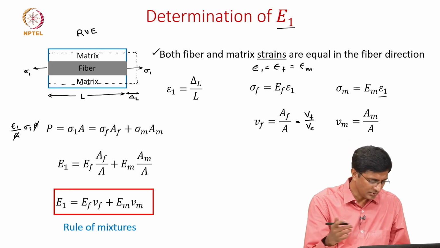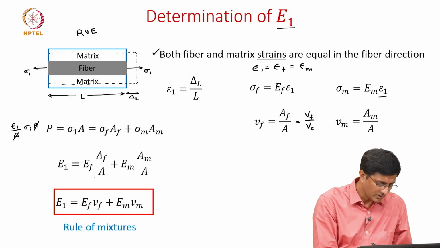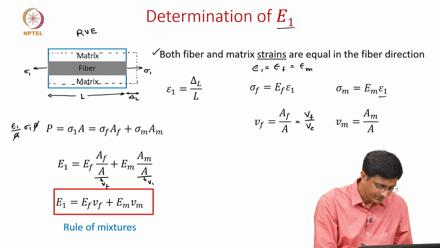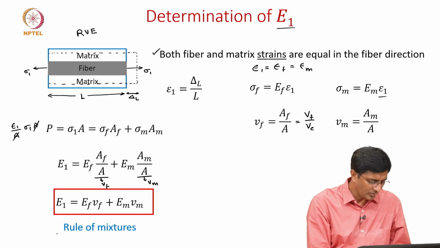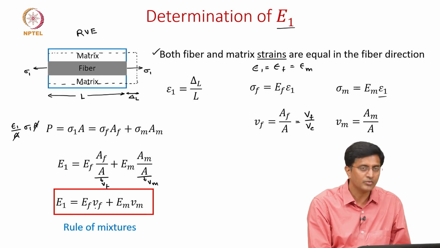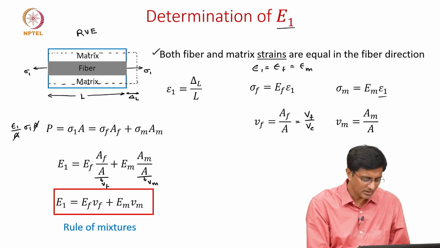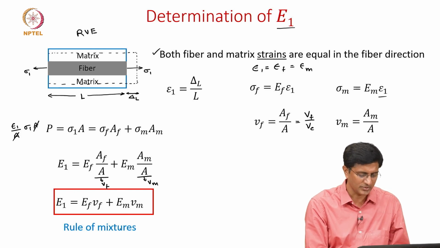So in this expression we replace this with Vf and this ratio with Vm. Then we are able to show this relation: E1 is EF times the volume fraction of fibers plus the elastic modulus of the matrix times the volume fraction of the matrix, which we call the rule of mixtures.